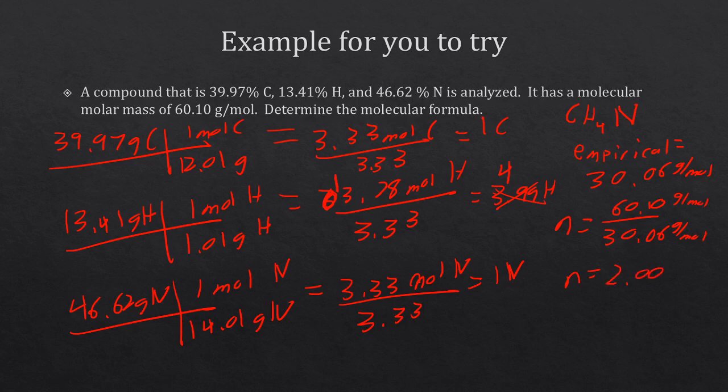If N is not an exact integer, let's say you got 2.1, you should always round N to a whole number, since you can't have something like 2.5 atoms in our molecule. In this case, it came out nicely, but if it was 2.1, just round that to 2. Or if it was 1.86, round that up to 2. Or if it's 2.95, round that up to 3. To get the molecular formula, we just take this value and multiply it by each atom.